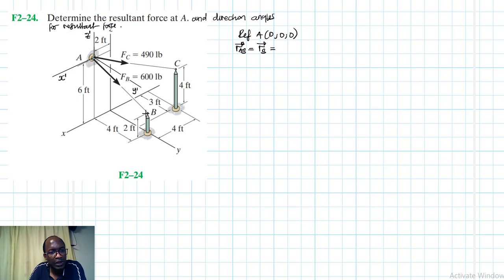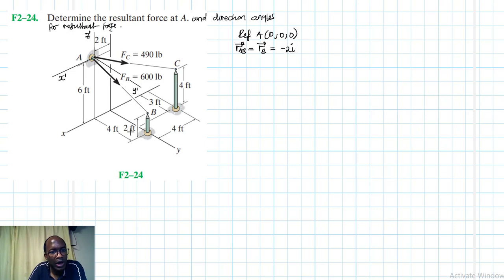Coordinates for B with respect to A. So it is a 2, and that's a negative, negative 2i.